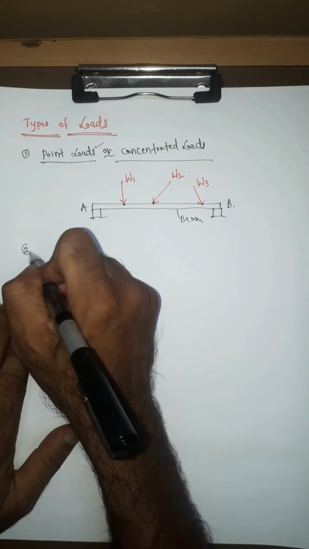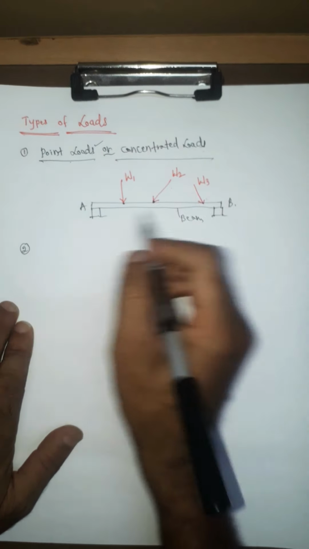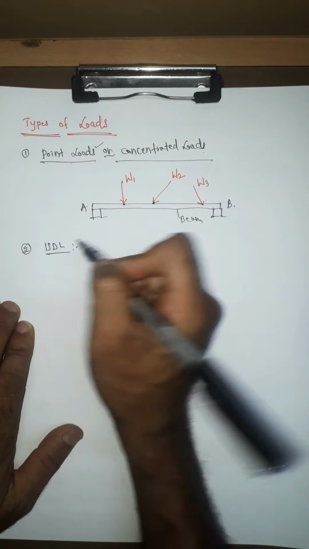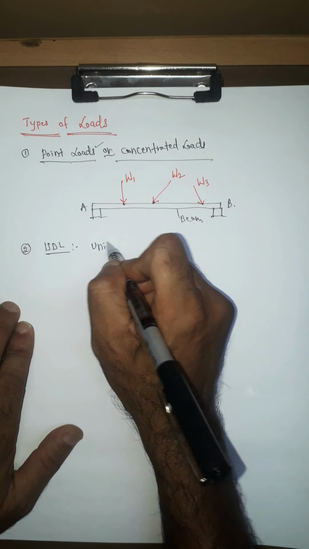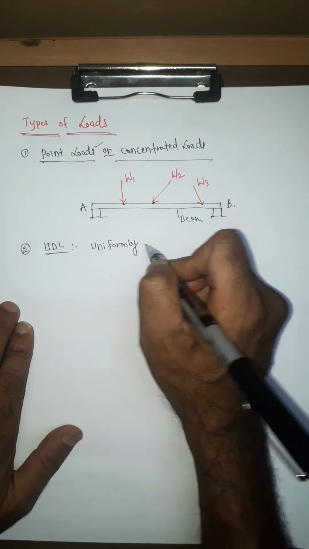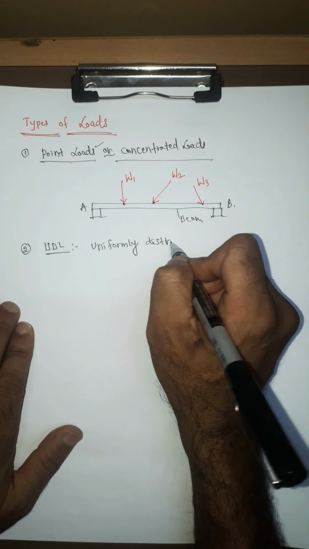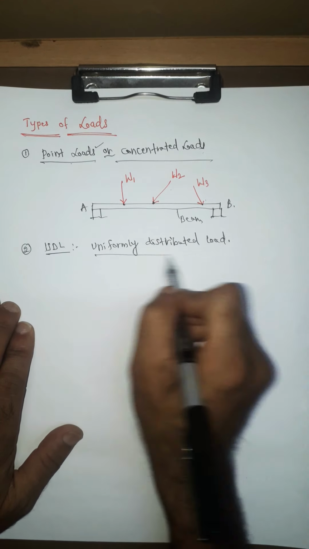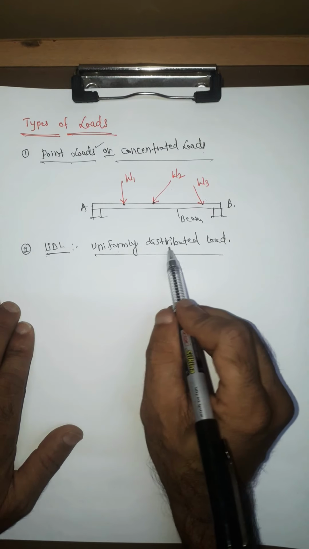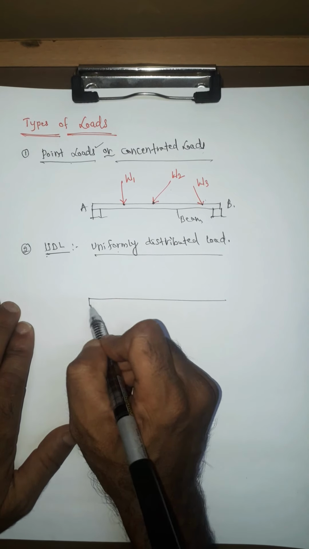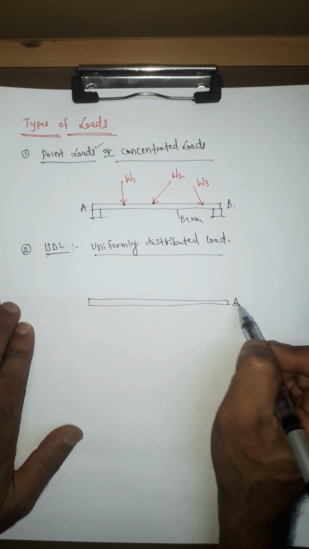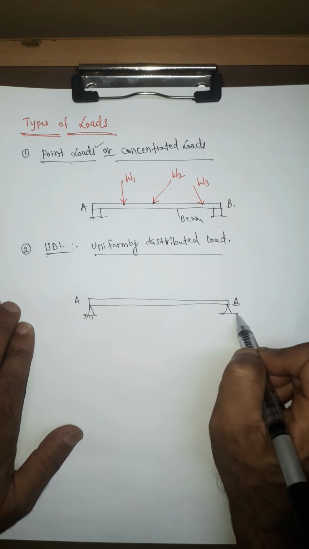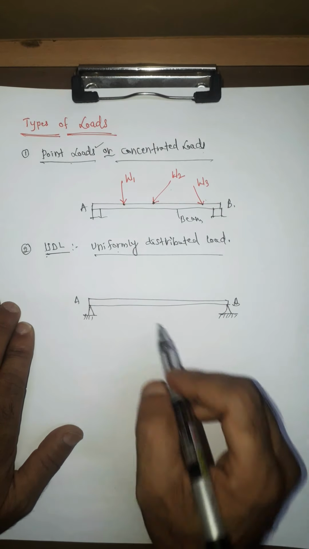And the second type of load acting on the beam, this is a point load, then UDL. What does this UDL stand for? It is uniformly distributed load. Normally we call it UDL. Again, if you take a beam example, beam AB, whatever may be the support, this beam is subjected to a load, that is UDL.